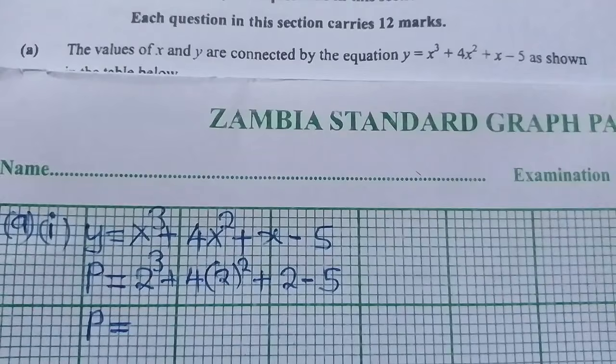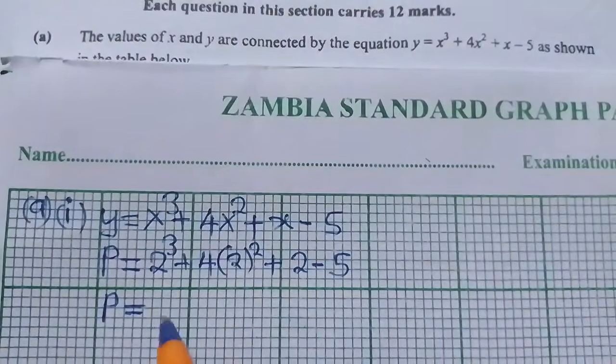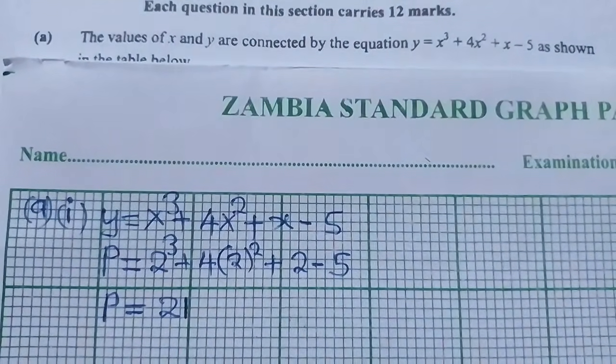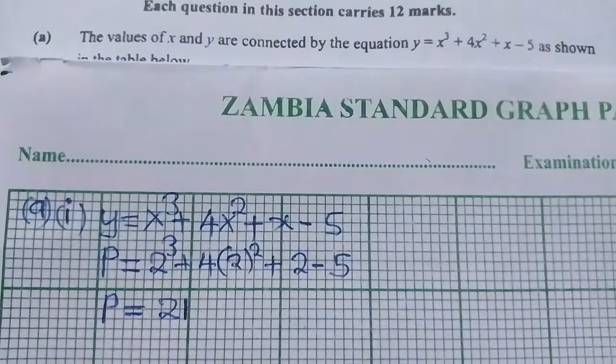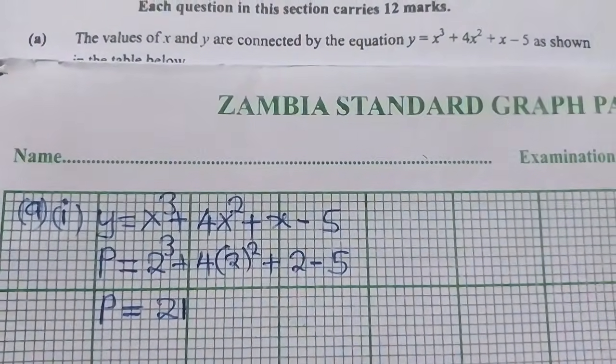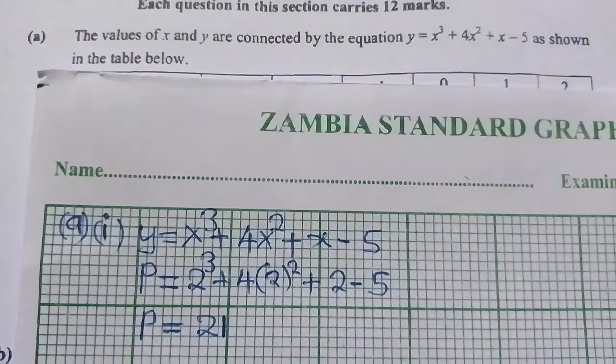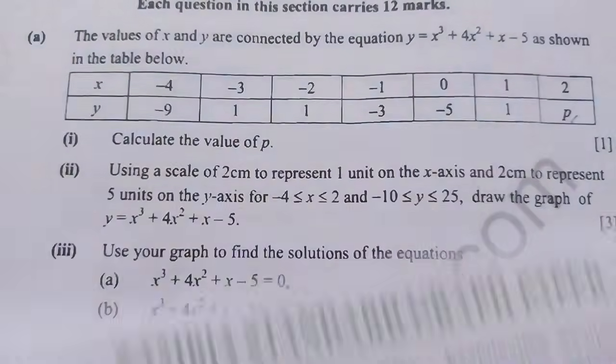What will be your answer? Your answer will be 21. So you put your 21 there. P is equal to 21. So you've calculated the first one. That's how you need to calculate that one. We move to the next question.